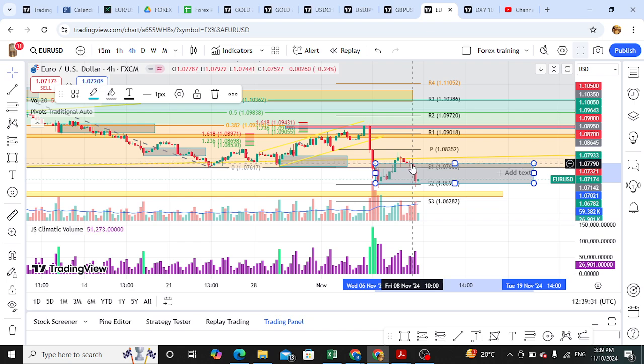So going down, there is the other school: if it closed inside, coming from the upper area, some take that trade, a sell position, and move it to the bottom of the zone. Now, if the price moved down again, some people use it as, we said, support and resistance.